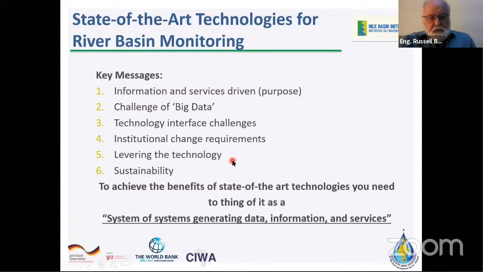When we start to think about service delivery, we need to consider the leveraging of these technologies to be able to not only improve the service delivery and the products and timeliness of the services that we provide, but also how these technologies help us run a more efficient monitoring program, as well as how you integrate ground-based technologies and consider remote sensing and space-based technologies to complement the ability to produce information and services.